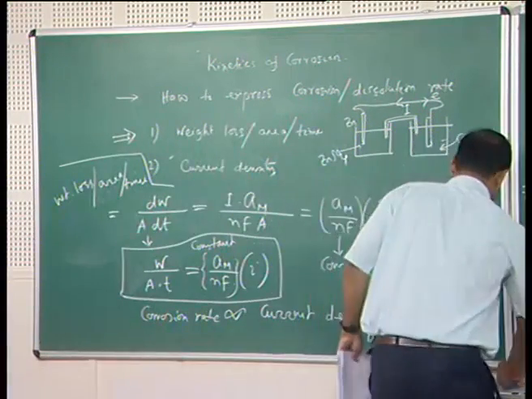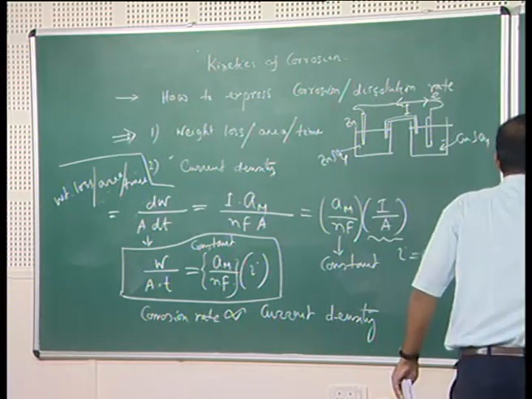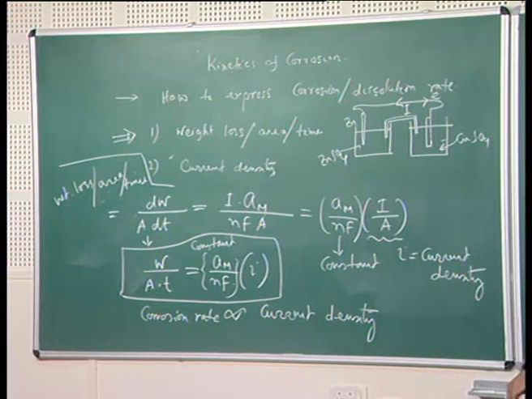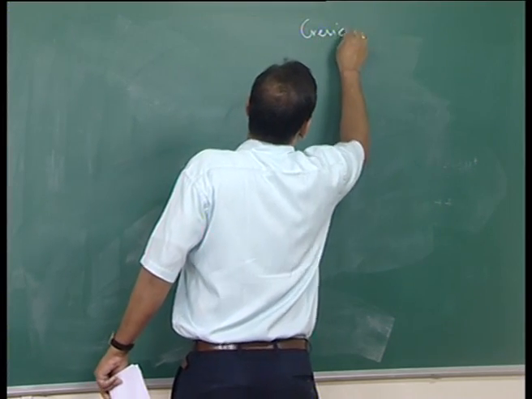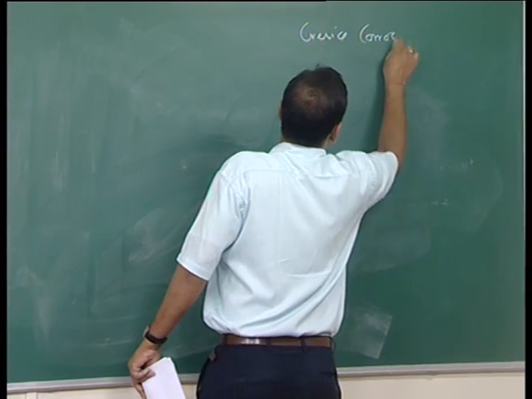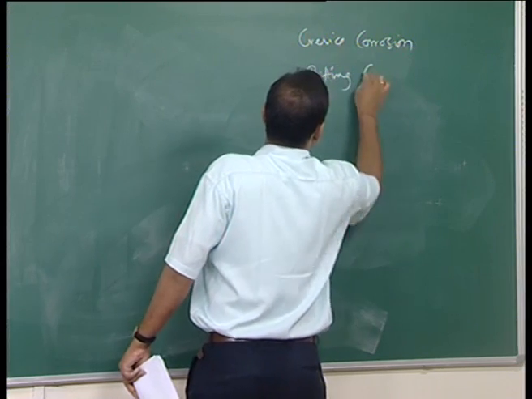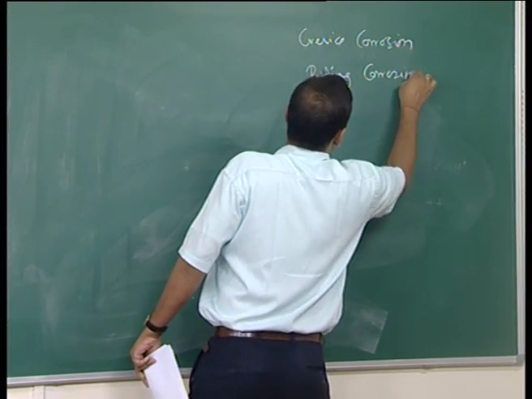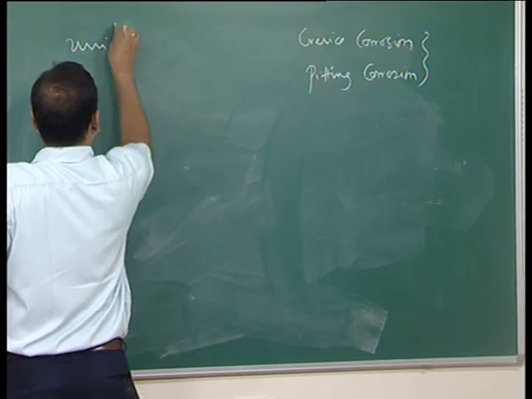Now, let me put forward another situation. Let us say in case of crevice corrosion or pitting corrosion, these two modes, and the other mode is uniform corrosion.